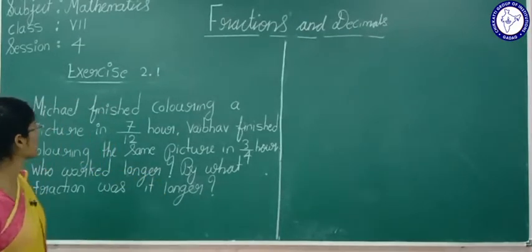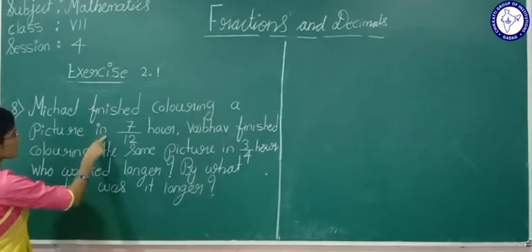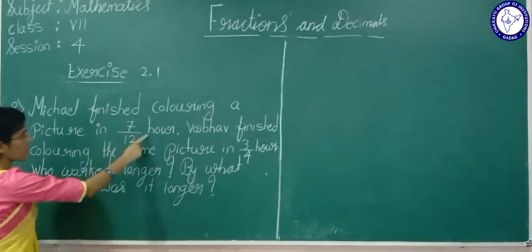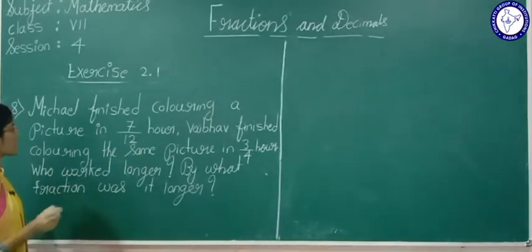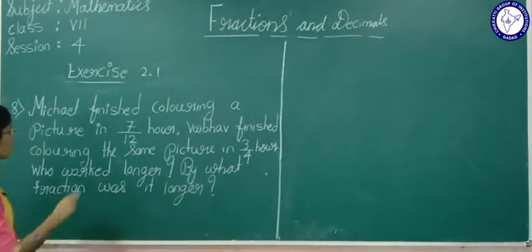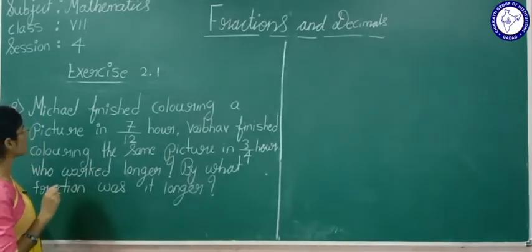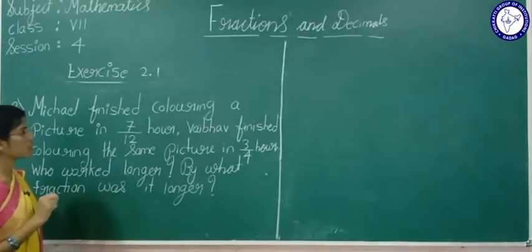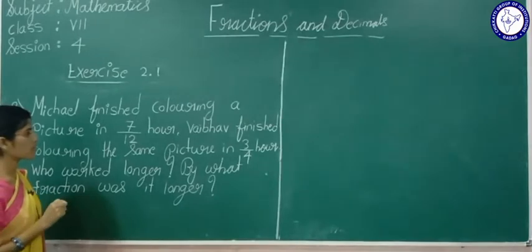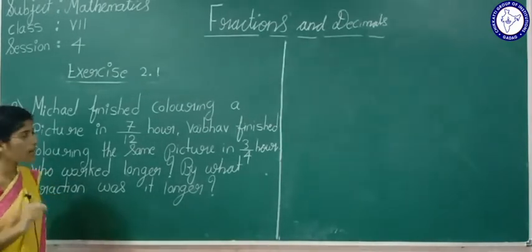Now see the 8th question. Michael finished coloring a picture in 7 by 12 hour. Vaibhav finished coloring the same picture in 3 by 4 hour.